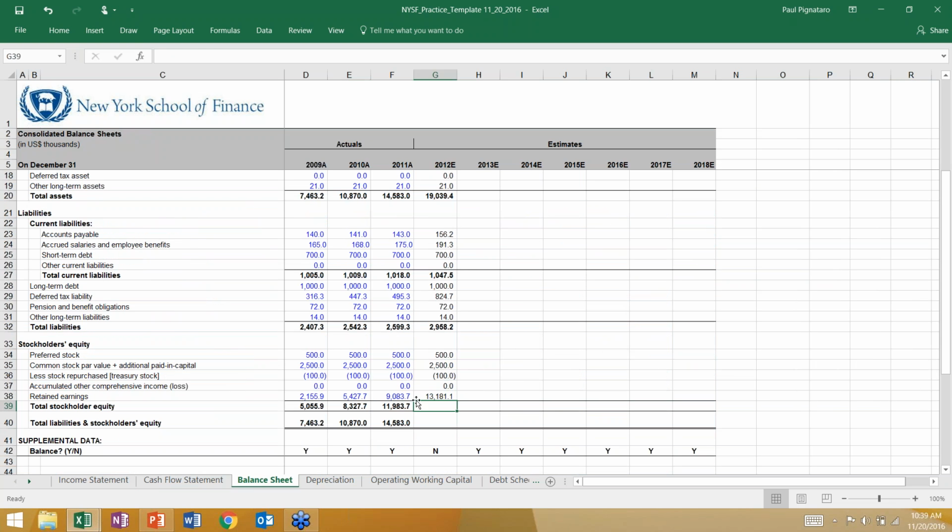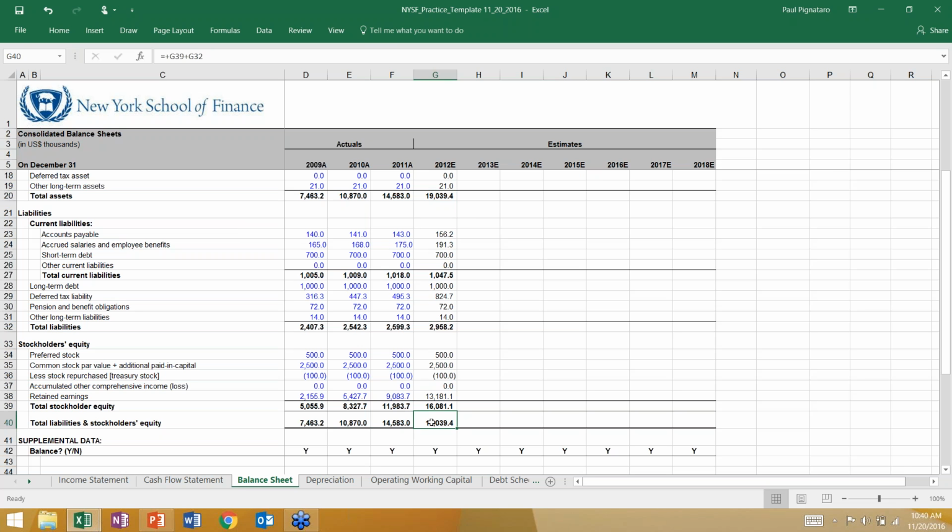The balance sheet must balance. I hope, fingers crossed, unless I made a mistake. Okay? I'm going to add everything up. Okay? And the liabilities and stockholders' equity is the stockholders' equity plus the liabilities. That should match the assets as per the formula, and it does. So we're balancing. Okay?